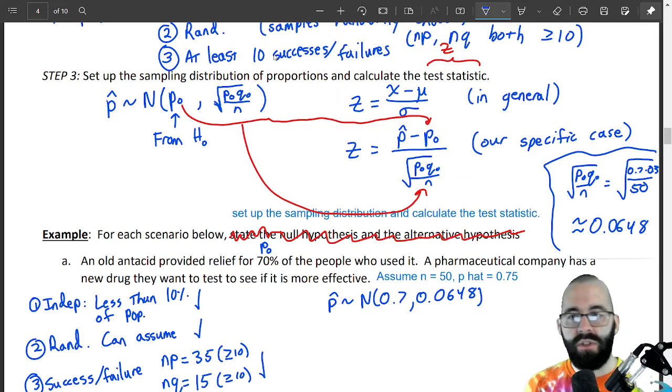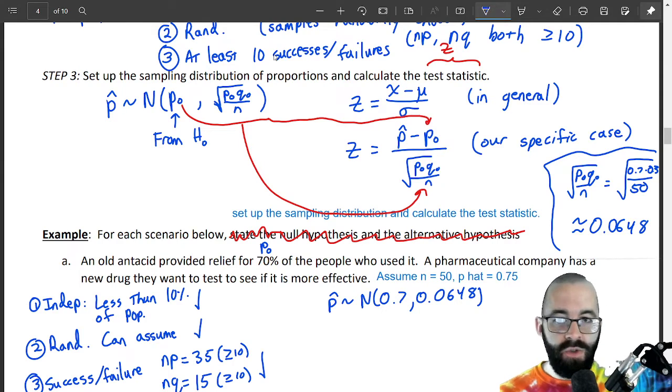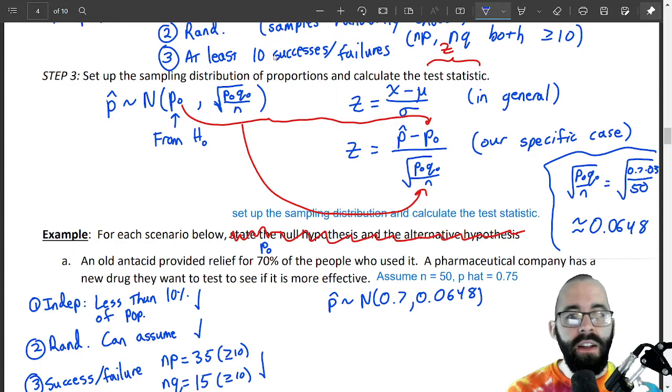So on average, assuming the null hypothesis is correct, assuming that this new drug is 70% effective, then when we take a sample and do a test, on average 70% of the people will have relief, plus or minus about 6.5%.